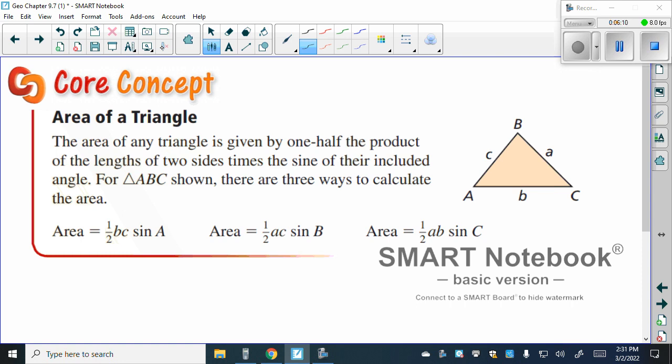BC sine of A, side length B, side length C, sine of A. 1/2 AC sine of B. And the last one we have is side lengths A and B times sine of C. 1/2 times the two side lengths times sine of the angle in the middle. And this right here will give us the area of the triangle every single time.